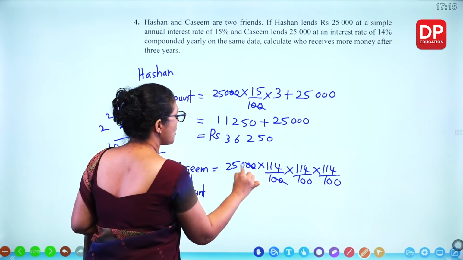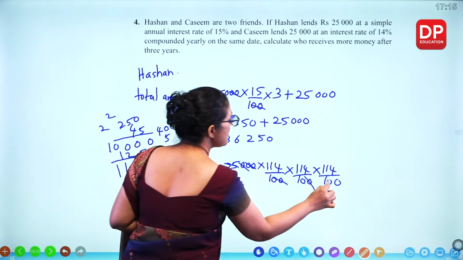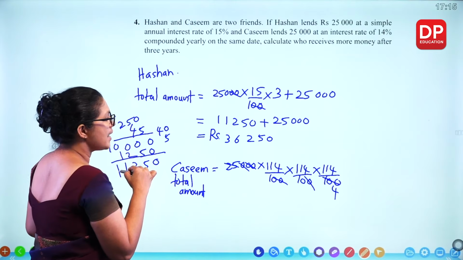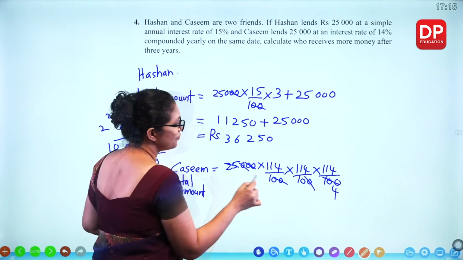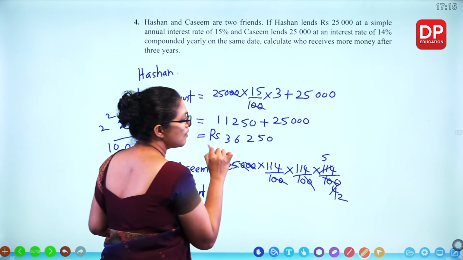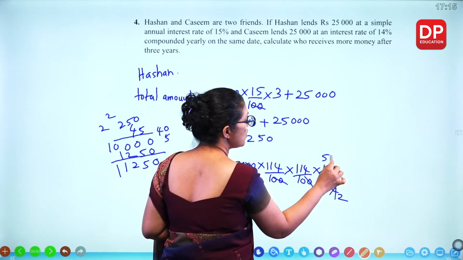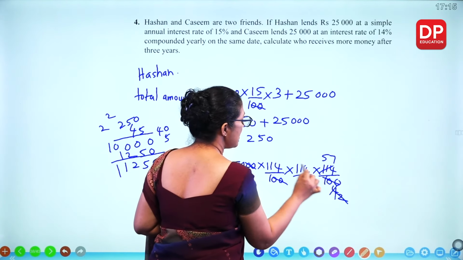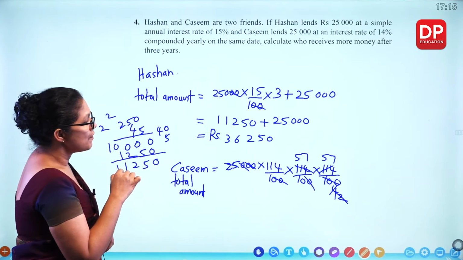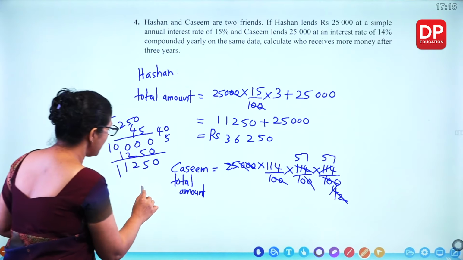Two zeros, 1 zero get cancelled out with this one. 25 times 4, and then divide by 2. 2 times 5, 10. For 14, that's 7. Again, this is 57. So you get 57 twice. So 57 times 57.